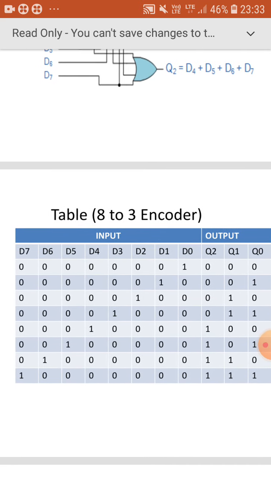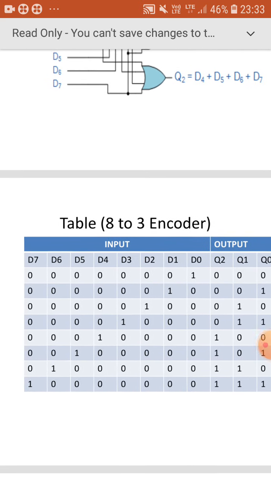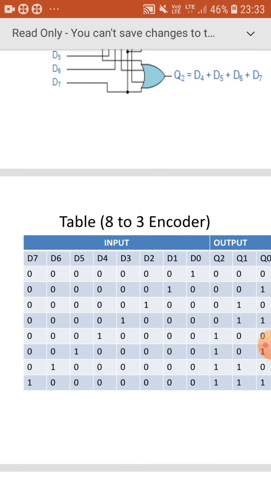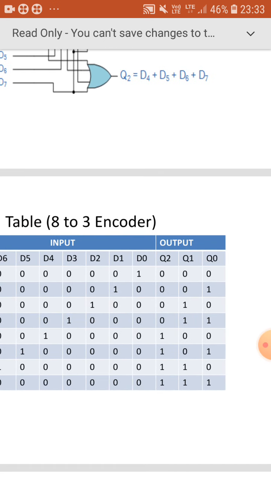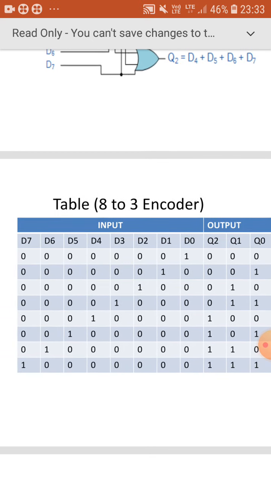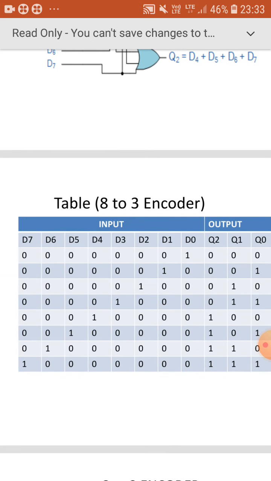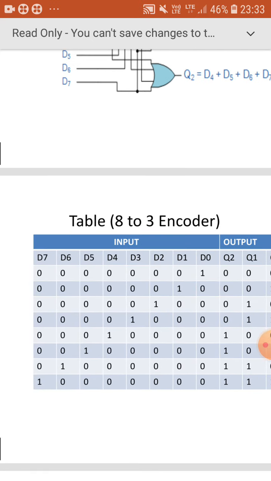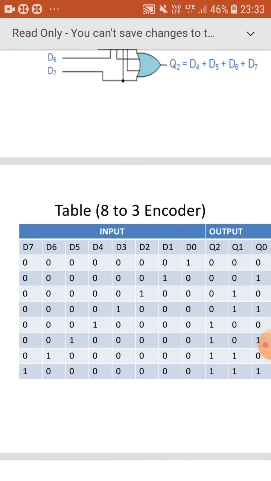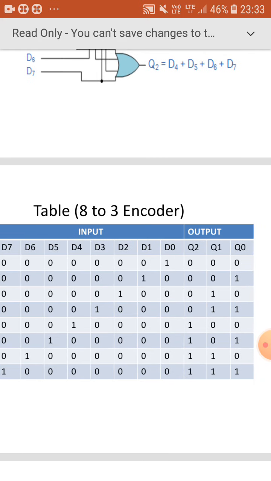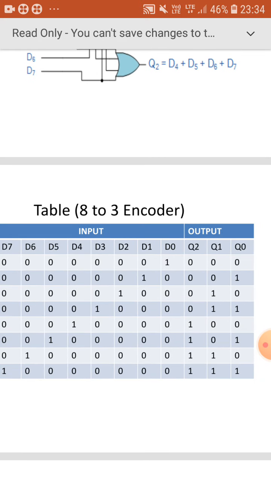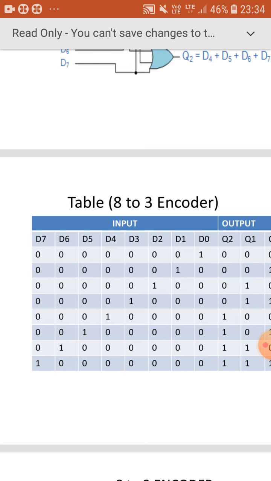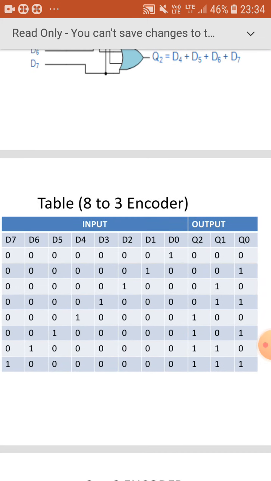So if D7 is 1, it is encoded as 1 1 1. Okay. See the binary value for decimal value 7 is 1 1 1. If D6 is 1, then the output will be 110. 6 is encoded as 110.